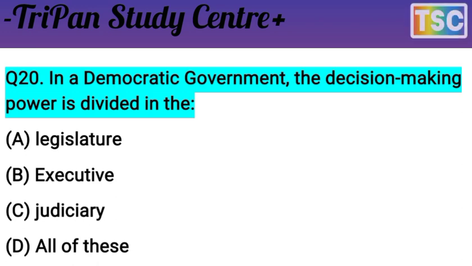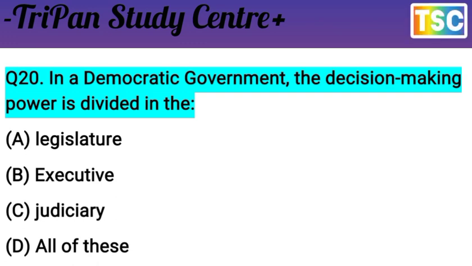Divided in the: A is legislative structures, B is executives, C is judiciary, and D is all of these. The question is very interesting. You know that decision-making power is held by the legislative structure, and the executive also, and the judiciary here. It means option D is correct.